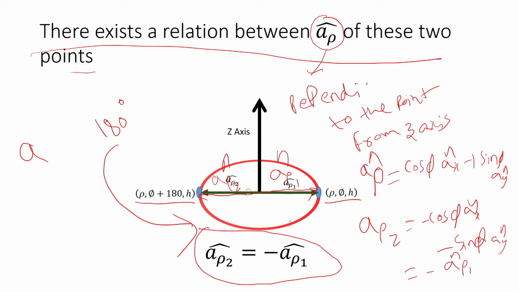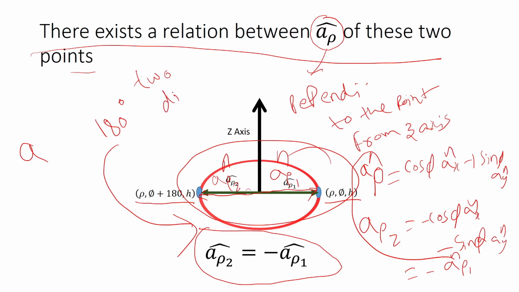So even from mathematics you can understand this, or graphically also we can understand this. So this is the symmetry of 2 diametrically opposite points in cylindrical coordinate system.